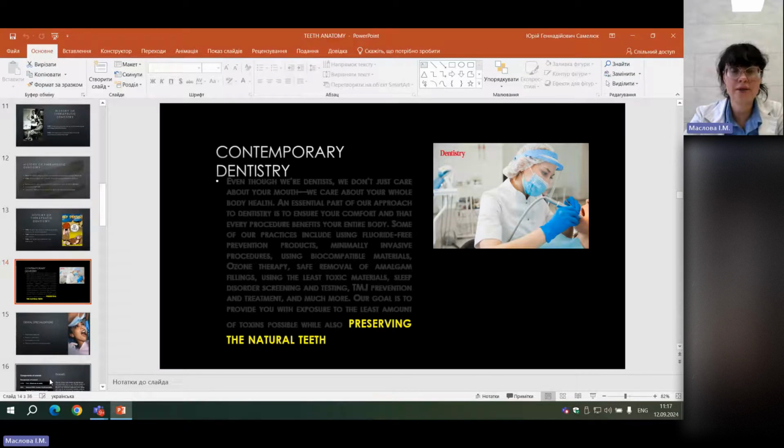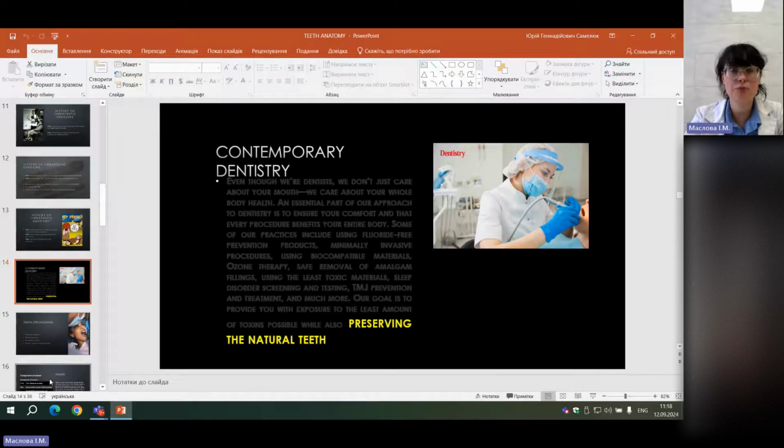Some of our practices include using fluoride-free prevention products, minimally invasive procedures using biocompatible materials, ozone therapy, safe removal of amalgam fillings using the least toxic materials, sleep disorder screening and testing, TMJ or temporomandibular joint disorders prevention and treatment, and much more.